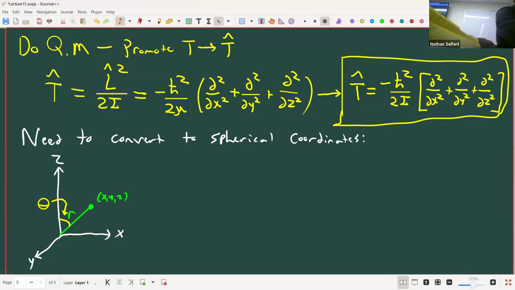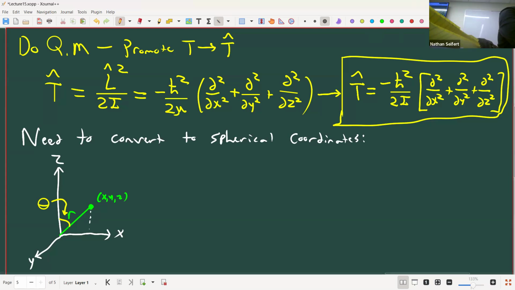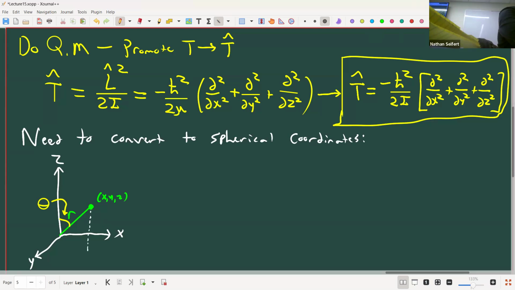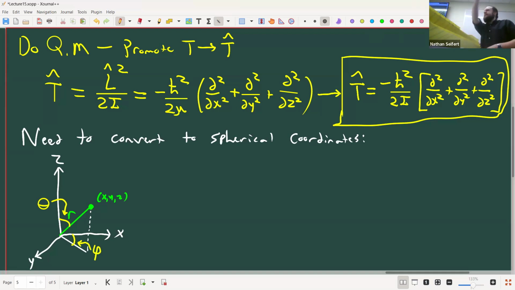Then, if we project r on the xy plane, we have this angle phi, which tells you which way r is pointing in the xy direction. Just a reminder, theta tells you how close it is to z or minus z. It swings out this way, and phi rotates you in the perpendicular direction.